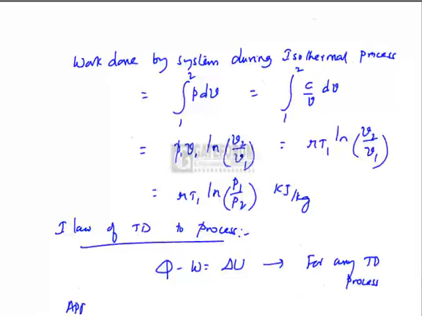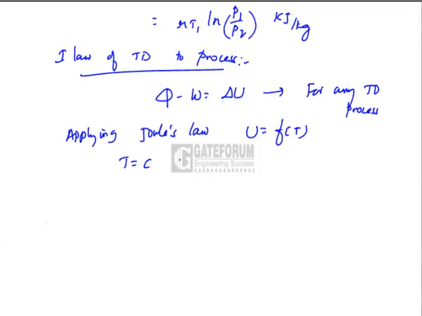Applying Joule's law, which states that U is a function of T only, here T is constant. That means internal energy is also constant, which means the change in internal energy is 0. Hence, substituting in the first law, Q minus W is 0. That is, Q is equal to W.